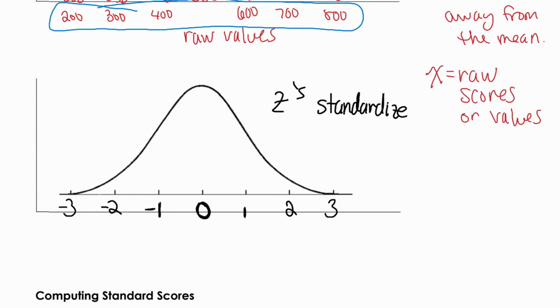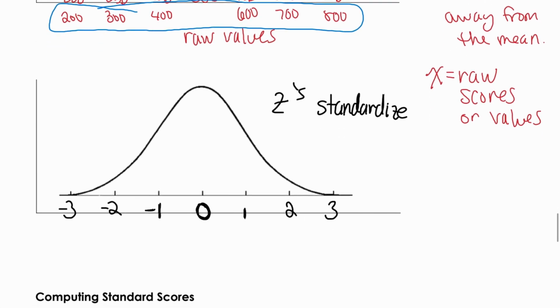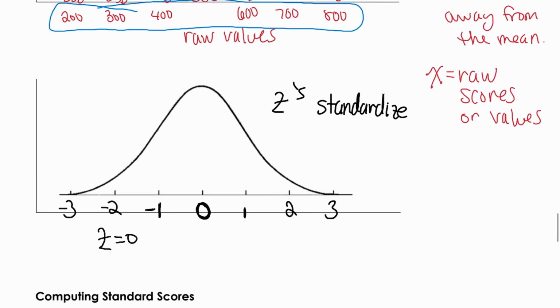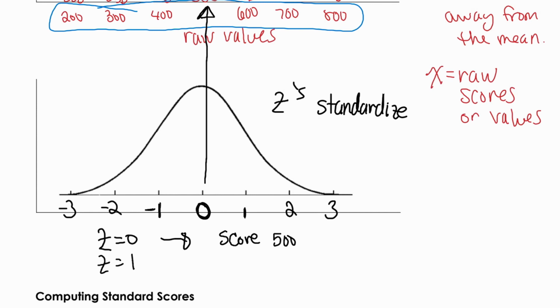So in this case, when we're using this specific example, Z equals 0 corresponds to a score of 500. Z equals 1 standard deviation away from the mean corresponds to 600.